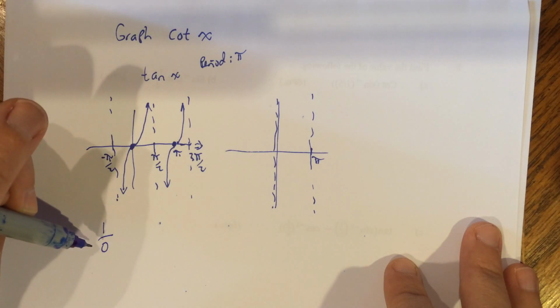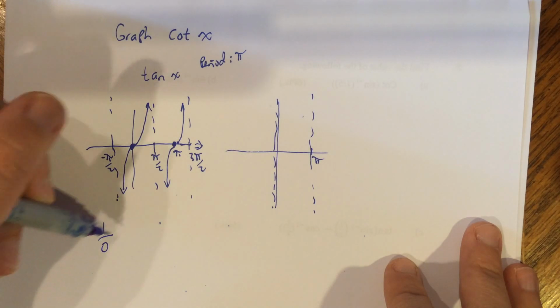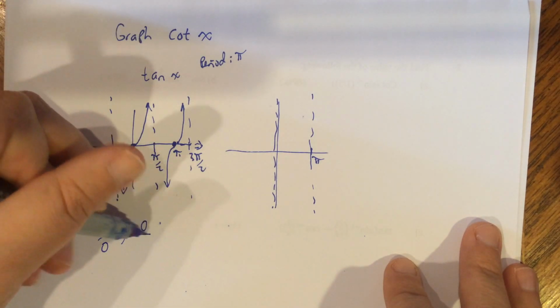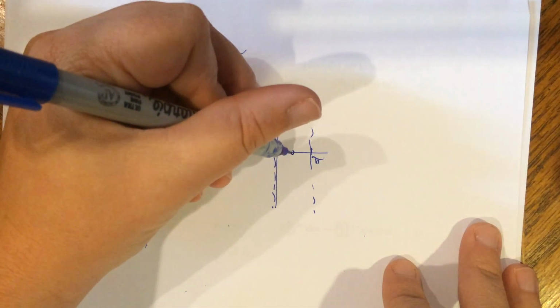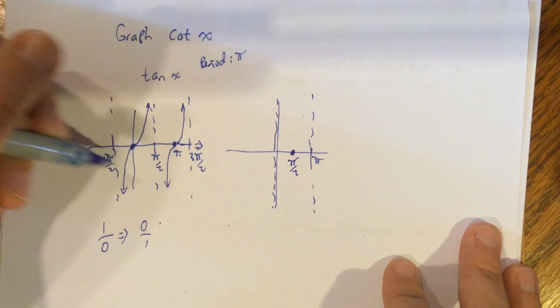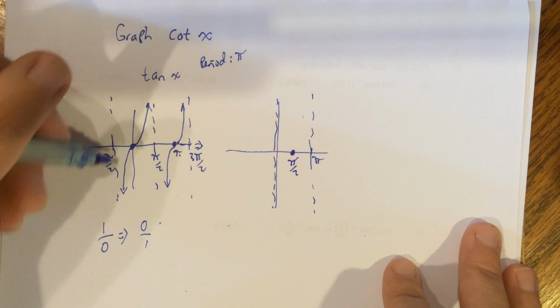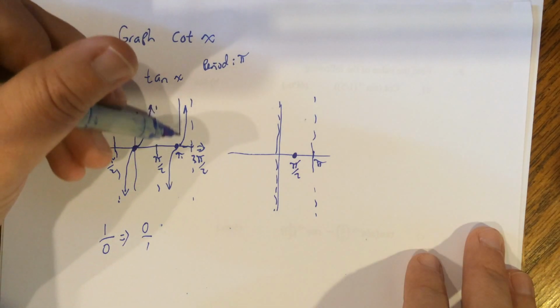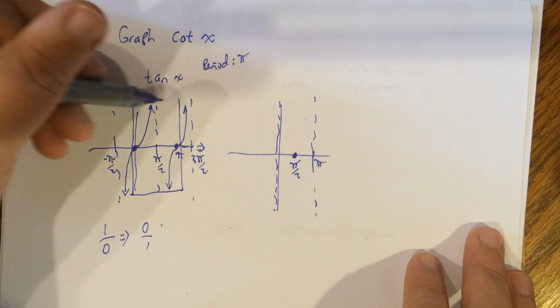That's how we figure out a vertical asymptote for rational expressions. Well, if it's cotangent, it's flipped, so this is actually 0 over 1. So I'm actually going to have it cross the x-axis at my vertical asymptote in tangent, so at pi over 2.